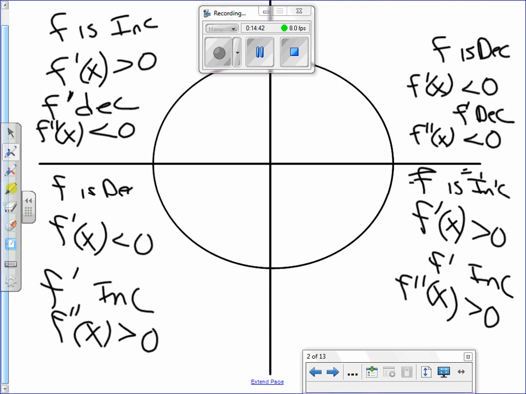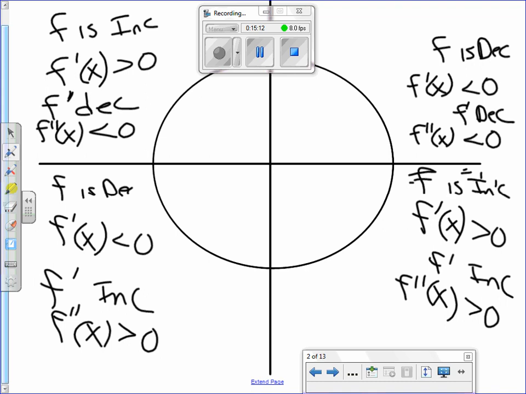Guys, in the quadrants where the second derivative is negative, is the function concave up or down? Down. So when the second derivative is negative, the function itself will be concave down. What do negative people do? Frown. So when the second derivative is negative, negative people frown, your graph is concave down. Look at the quadrants where the second derivative is positive.